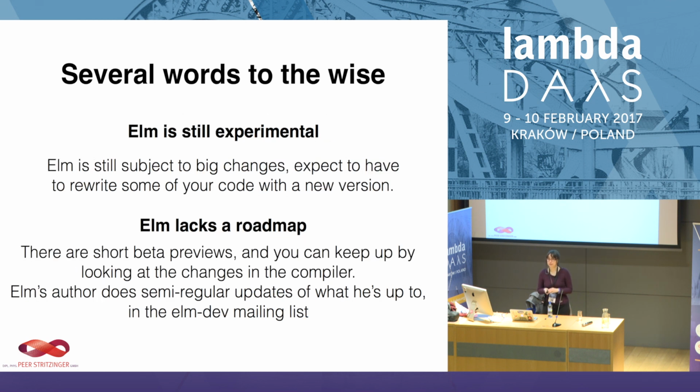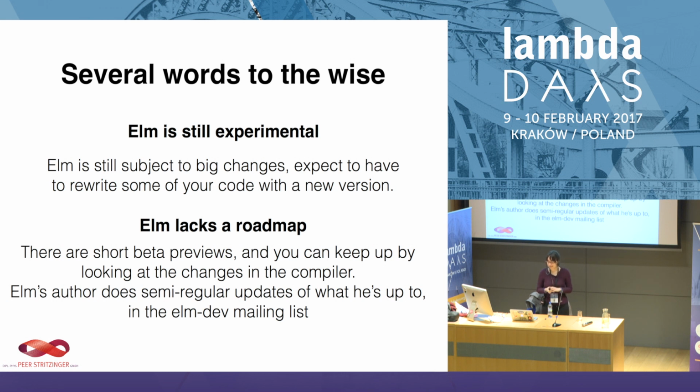And also, Elm is still experimental, as 0.16 to 0.17 proved. There haven't been big changes since, so 0.17 and 0.18 are still pretty similar. So maybe there won't be any more big changes. Who knows? I don't know. But be prepared to rewrite some code. And also, Elm lacks a roadmap.